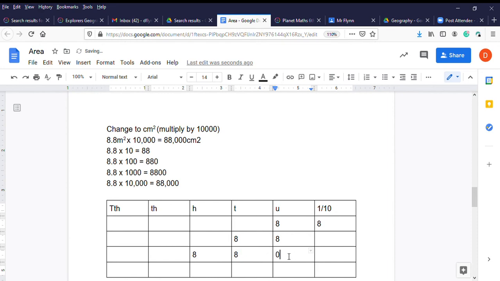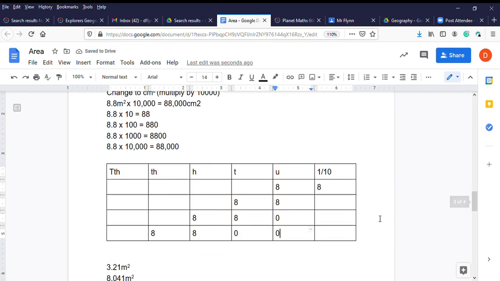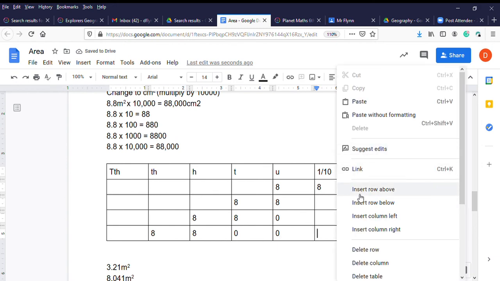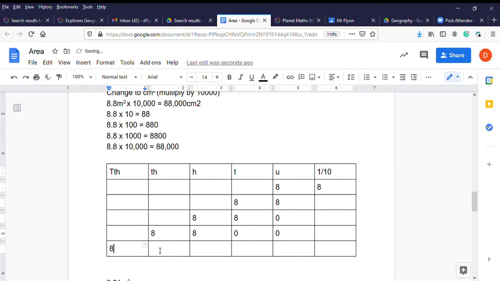Multiplying by 1,000, 3 places. So we have 8,800, and then multiplying by 10,000, which you have to do in today's question, requires you to move each number 4 places to the left, which will give you 88,000.